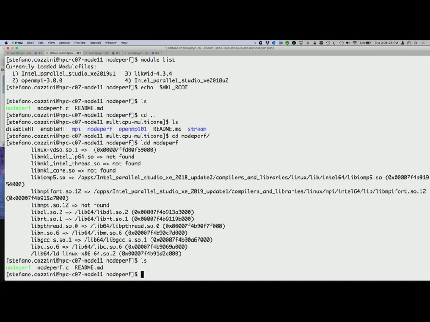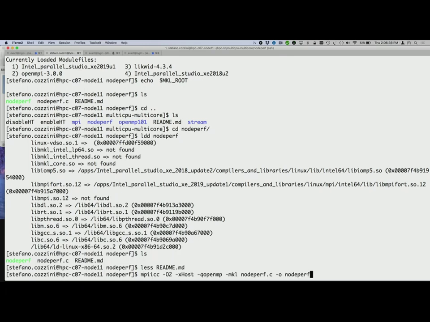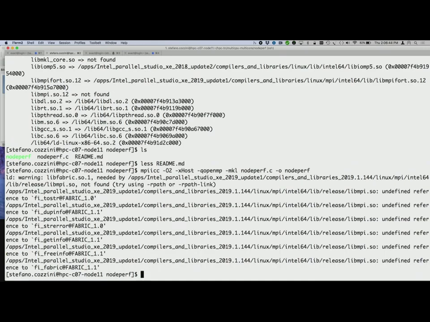Okay, let's see if we are able to compile the code here. Michele, you see, this is actually the problem that we had yesterday, libfabric. This is due to the fact that MPI seems not correctly manageable. But let's try one more thing.